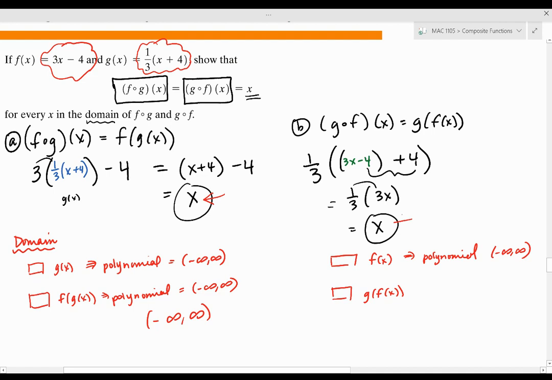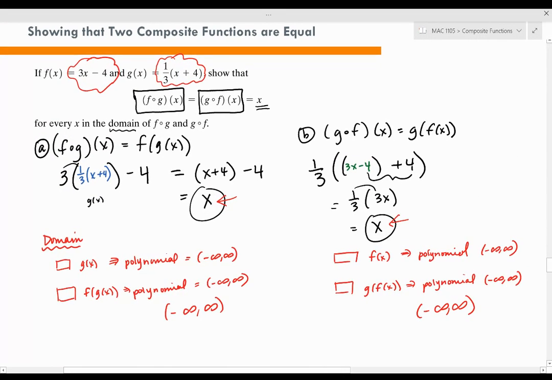Then when we look at our final composite function, which is x, that is also a polynomial function, and the domain is all real numbers. So the domain for all of these are all real numbers. Awesome. So you just proved that both of those functions are equal. Cool.